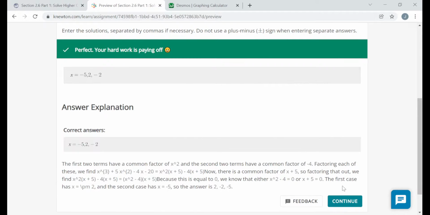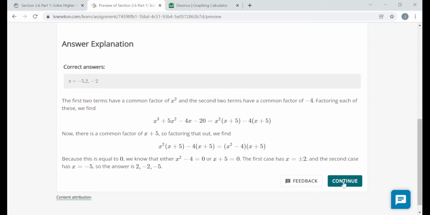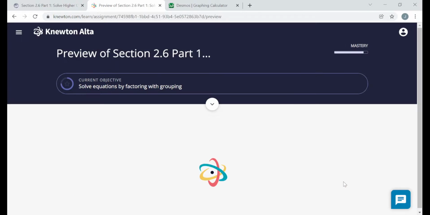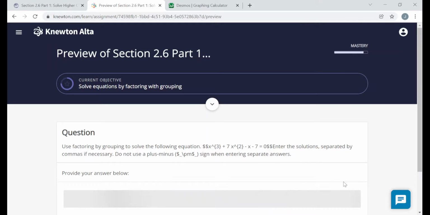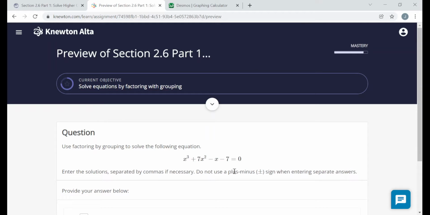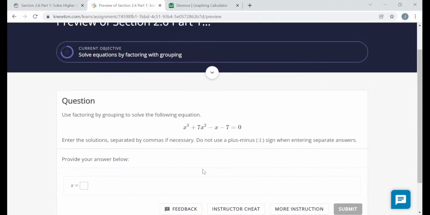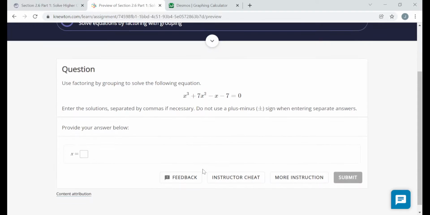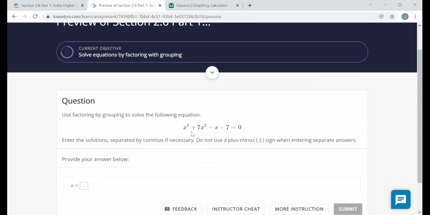Wonderful. Alright, and I should have just one more of these. Okay, do you see x squared comes out of the first half, negative 1 out of the second half? And you'd have x plus 7 left.